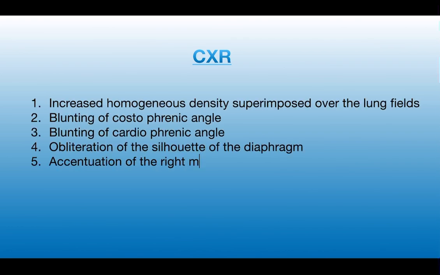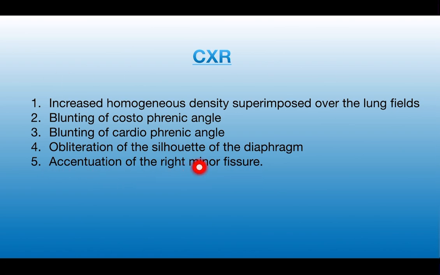Now, what are the signs on chest x-ray which point towards the presence of pleural effusion? So firstly, there is increased homogeneous density superimposed over the lung fields, which leads to blunting of the costophrenic angle, and later on it can also cause blunting of cardiophrenic angles. It also obliterates the silhouette of the diaphragm, and if it is very large, it can accentuate the right minor fissure.